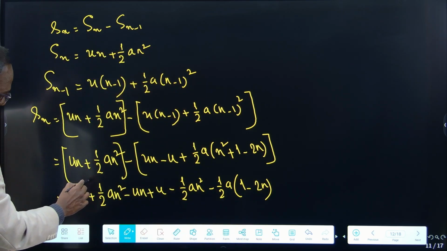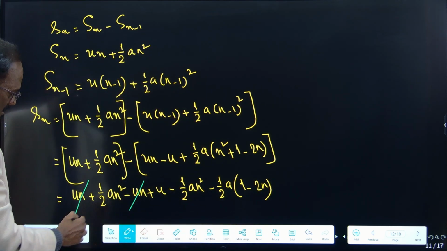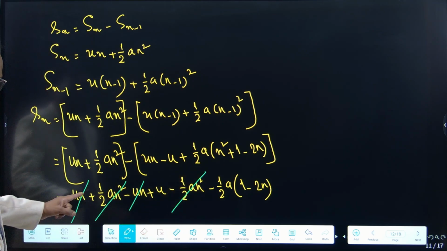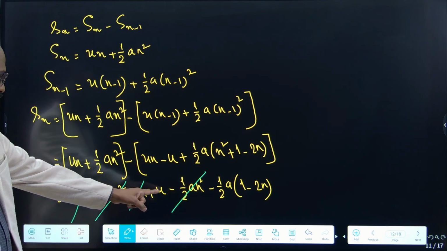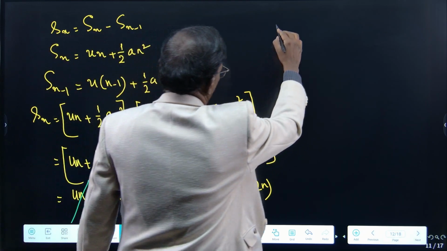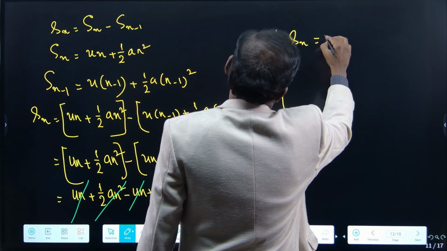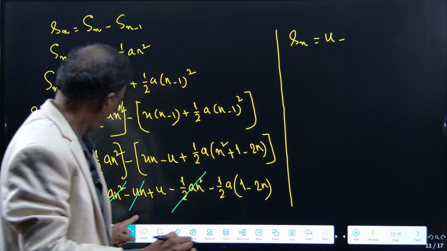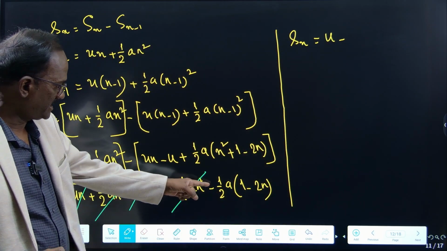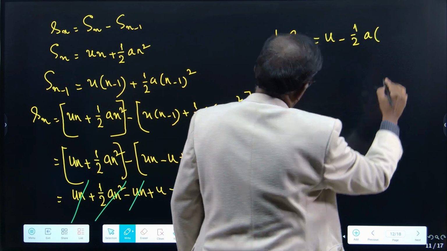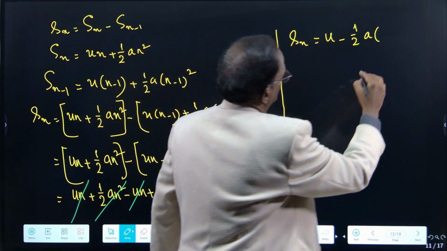So the un and un are removed, half a n square minus half a n square. So we will have sn is equal to u minus half a of 1 minus 2n.